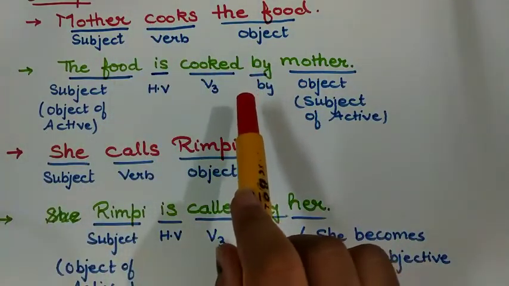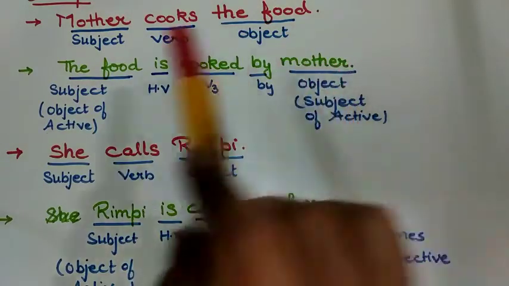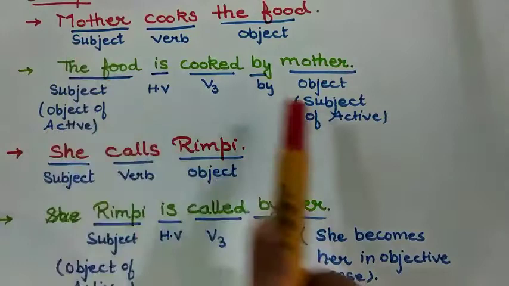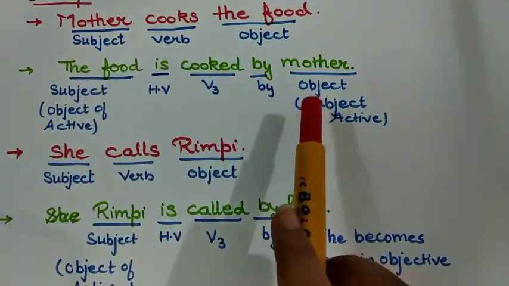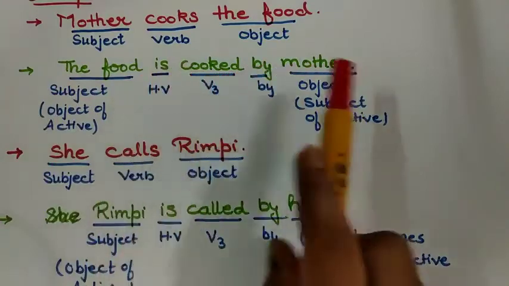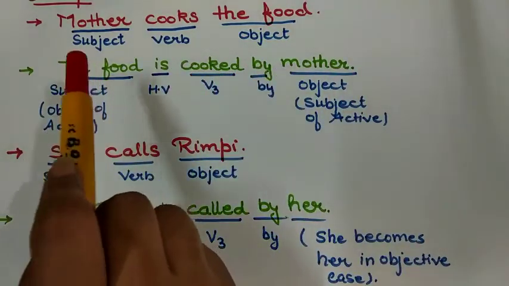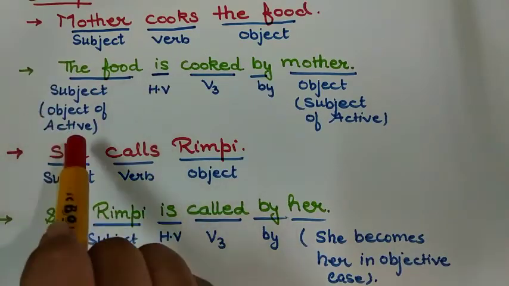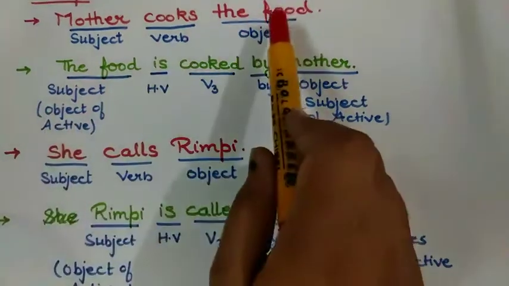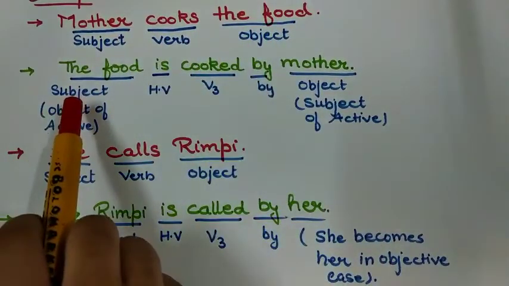Then comes by and here comes mother. That means the subject in the active is now the object in the passive. You can see the food is cooked by mother. I have written in blue that the food is a subject now. And because of course the food is object in active case, here it becomes the subject.